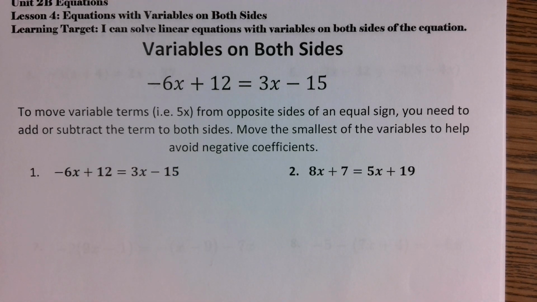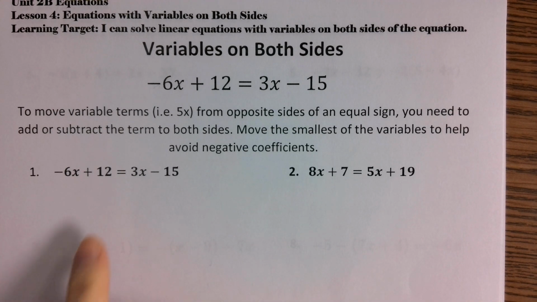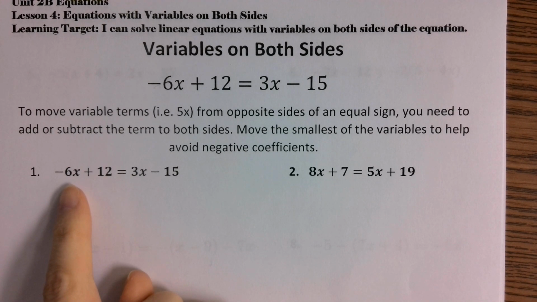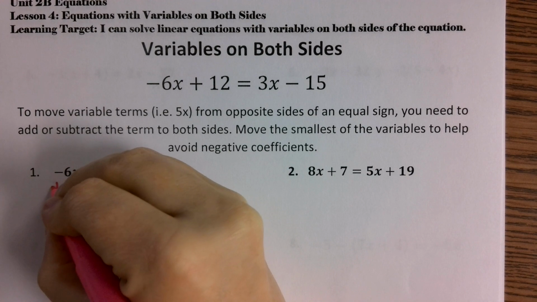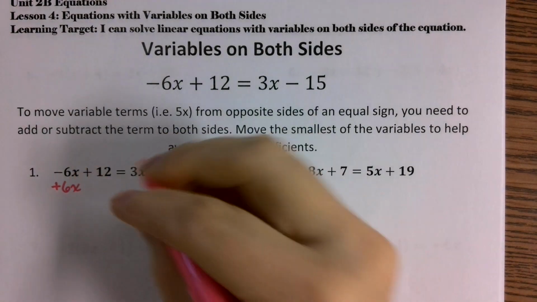So now I start the process of solving, which means the first thing I'm going to do is pick the variable to move. Like I said before, I tend to focus on moving the smallest of the two variables. So I'm going to go ahead and add a 6x to both sides.